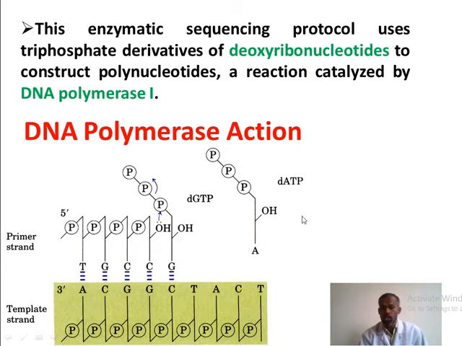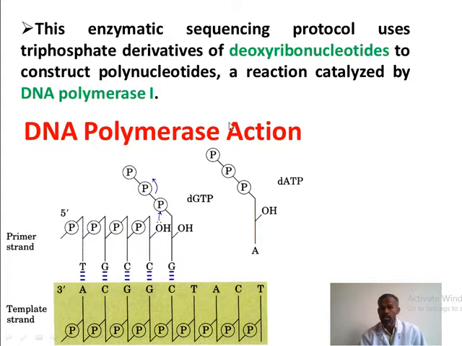So DNA replicates by the action of DNA polymerase and deoxyribonucleotides, which bind by the formation of a phosphodiester bond. So we need the OH group at the 3 prime end, then only DNA polymerase adds the new nucleotide.